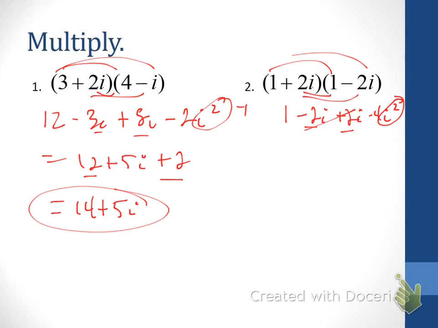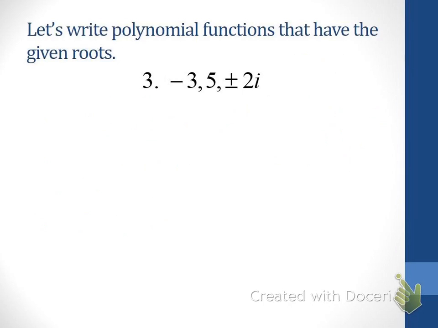This guy still again is negative 1, so we take negative 4 times negative 1 and we get 4, and 1 plus 4 is 5. So it is entirely possible that two complex numbers can multiply out to give you a real number. Okay, but the i squared, it seems to be what gives students the biggest fits. We have to make sure that we understand that's negative 1, and we can just multiply it to its coefficient.